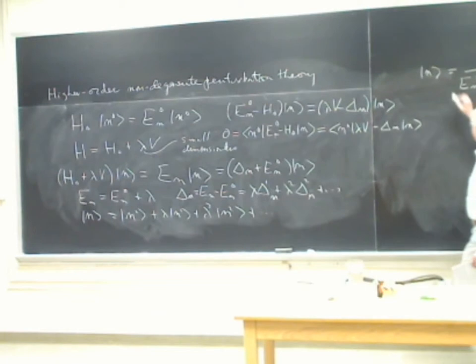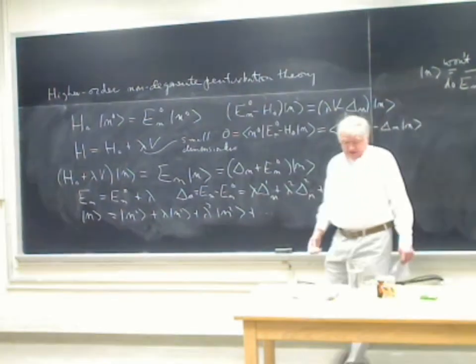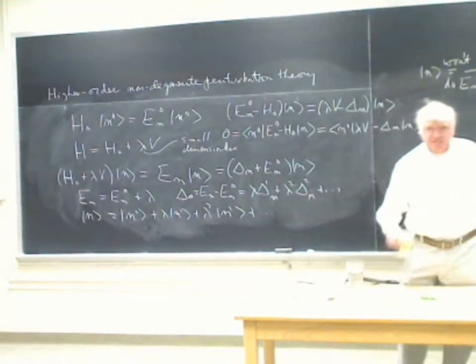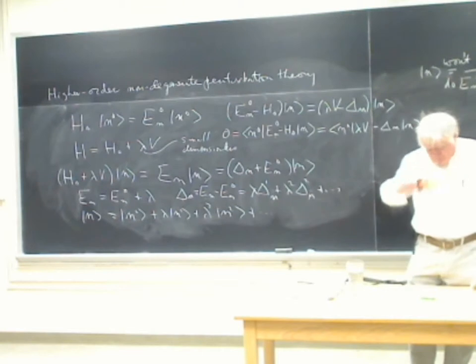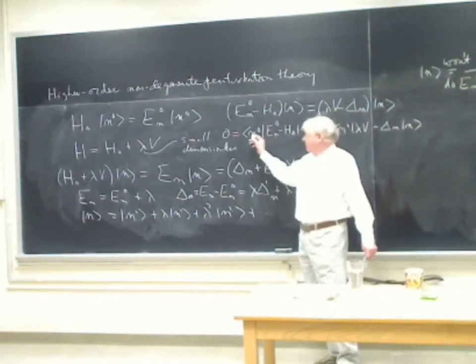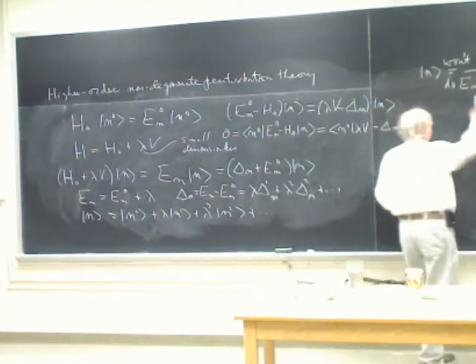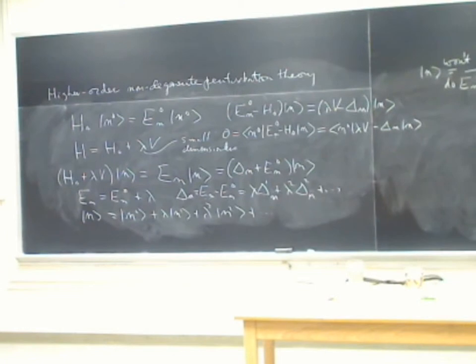So this won't work. On the other hand, we can do something close to it if we just avoid this energy level n0 that is a 0 of this operator. And then this division will be okay.